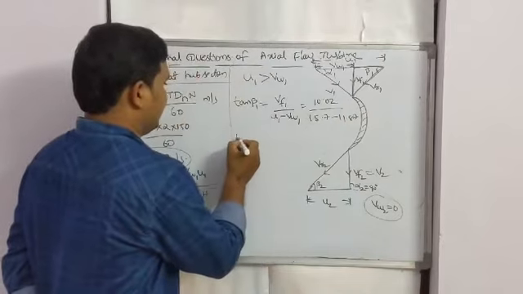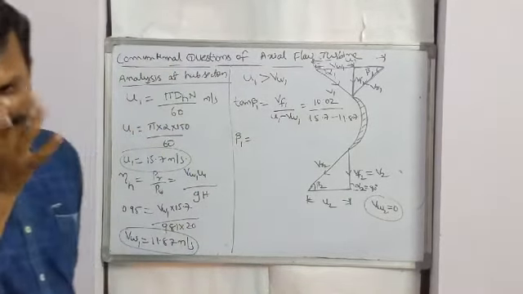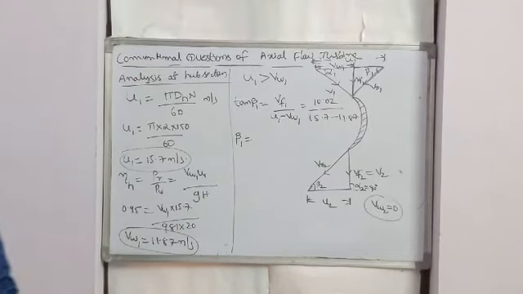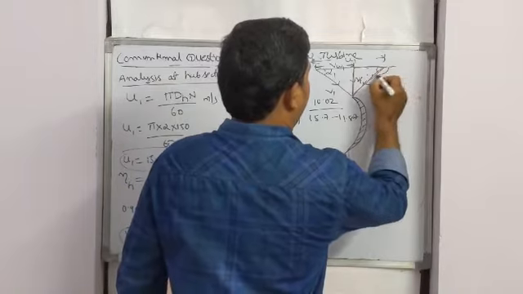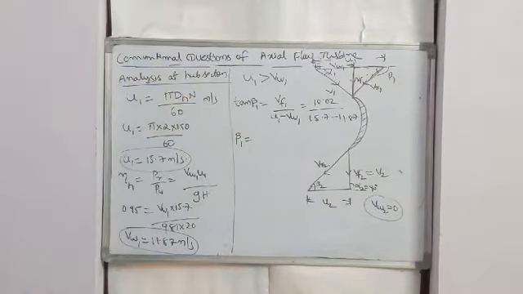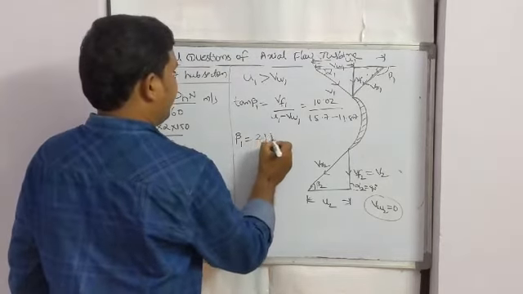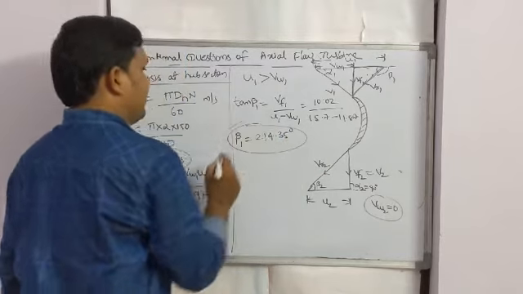By substituting all of these, we get beta 1 as 14.35 degrees. So beta 1 is over.